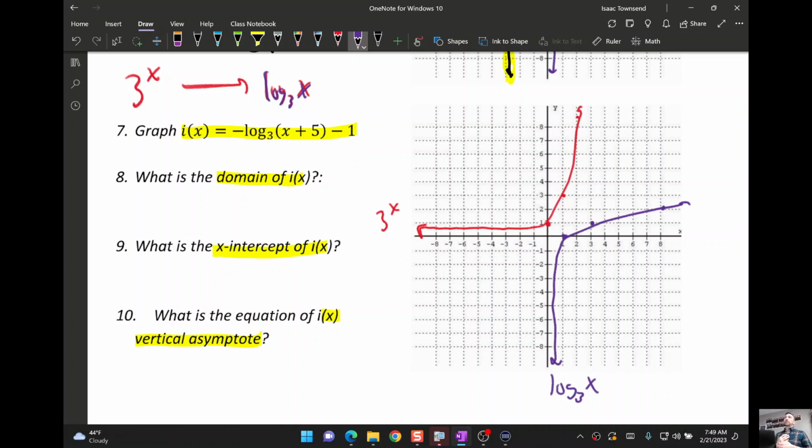I notice a line of symmetry at y equals x, so that is a good sign. And then I'm just going to worry about normal transformation stuff. So the order of these transformations does make a difference. Like I've mentioned in the past, if you imagine plugging in a number for x, the first thing you would do is add 5 to it. So our first transformation is left 5. So I'm going to take these couple points that I'm sure about, move them left 5 and replot them.